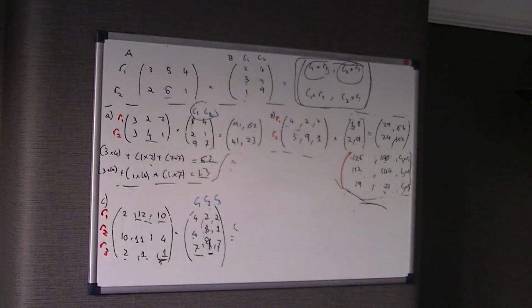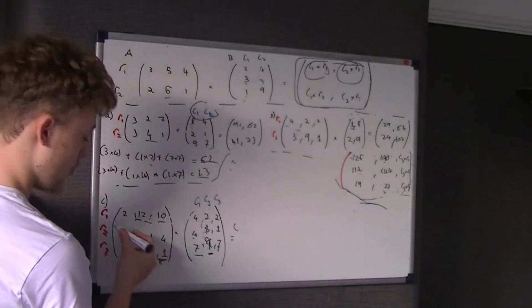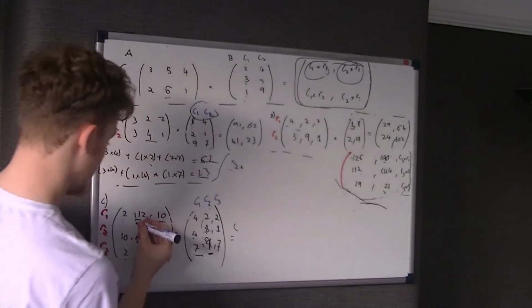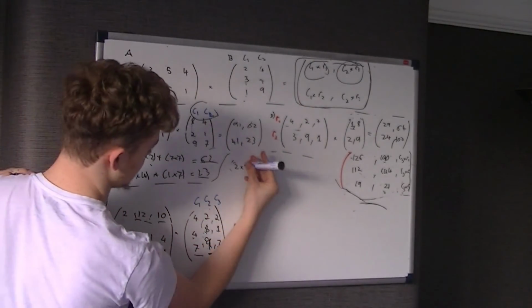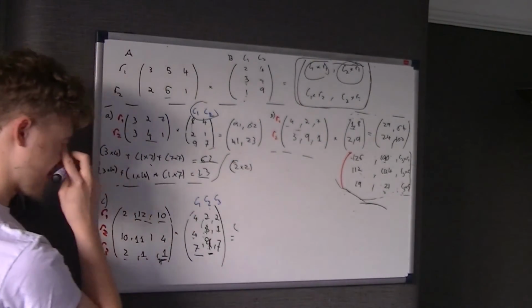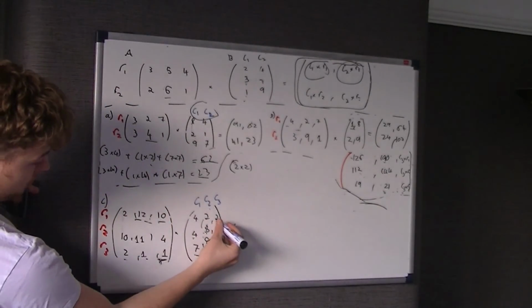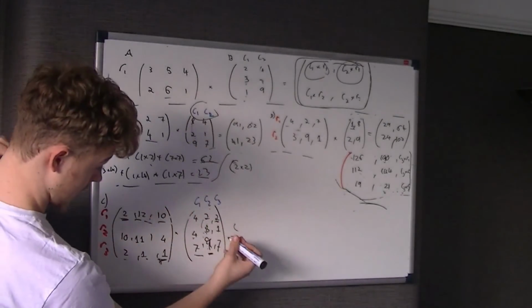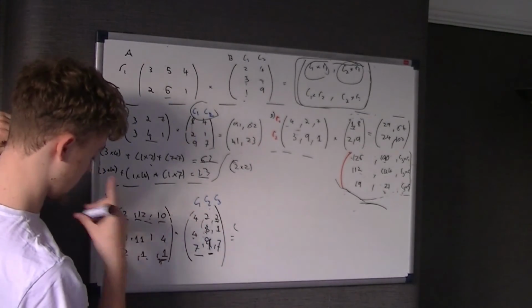Okay, so column 3 times row 1. We're on column 3 of the second matrix times row 1 of the first matrix. So it's 2 times 2. 2 times 2 is a common one; I probably should have picked something different. So it's the first one in column 3 times the first one in row 1, and the second one in column 3 times the second one in row 1.